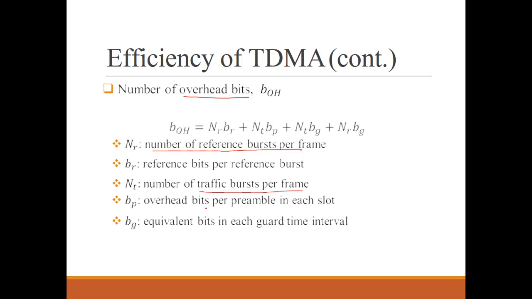BP is the overhead bits per preamble on each slot, and BG is the equivalent bits in each guard time interval. So BOH is nothing but the overhead bits, whichever can be used for some control bits or some coding bits.